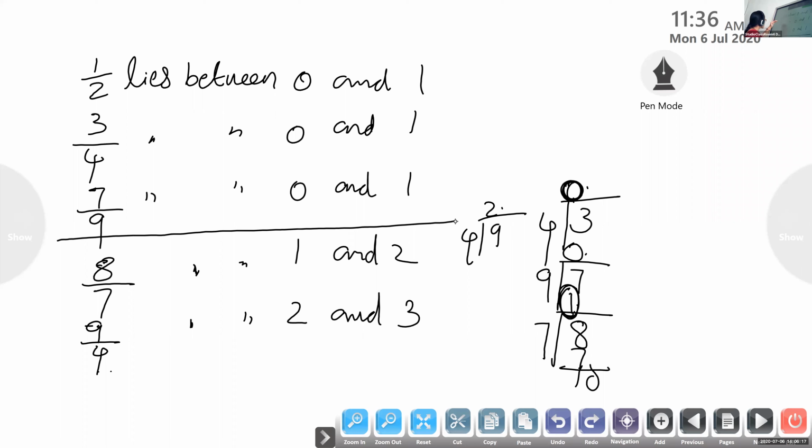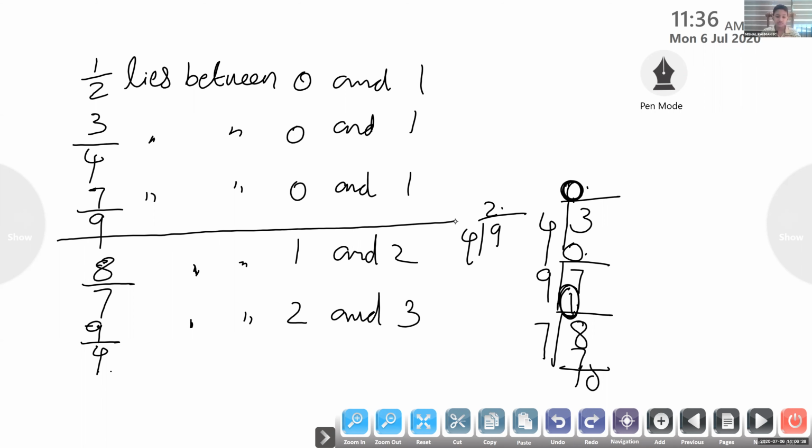In all these three rational numbers, the numerator is less than the denominator, isn't it? Yes. When the numerator is less than the denominator, the rational number lies between 0 and 1.